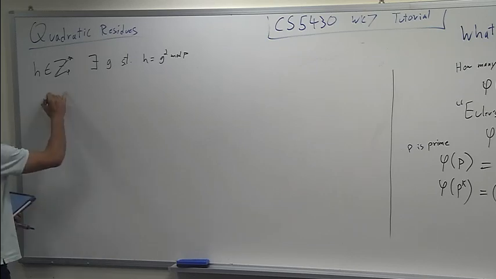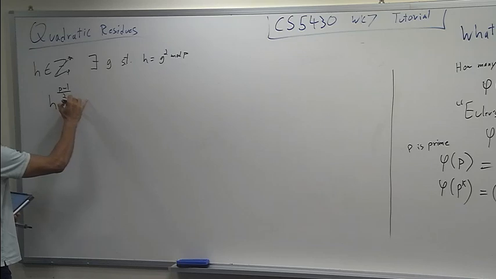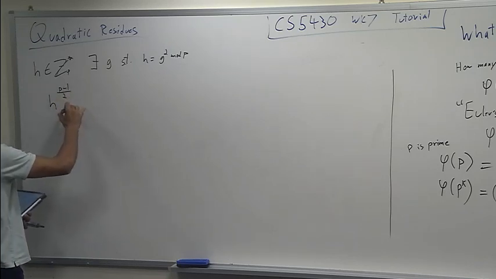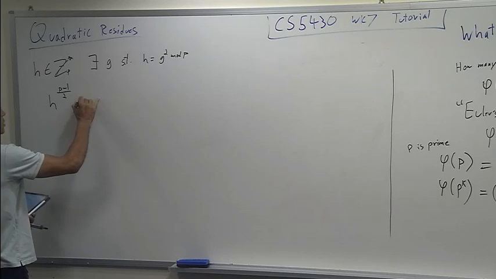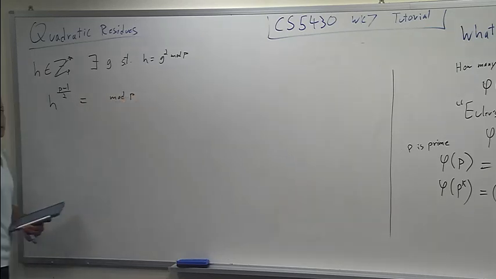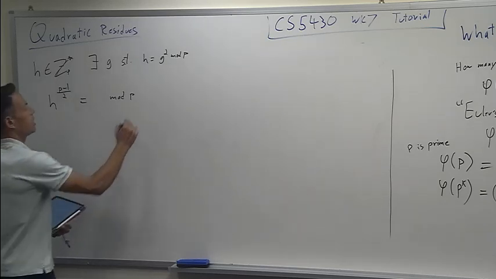So, if I then take h, maybe I shouldn't have erased it, but it must be a memory test for you. Instead of raising it to p minus 1, I put it to (p minus 1) over 2. What should I get? Hint, what happens if I substitute g in here?